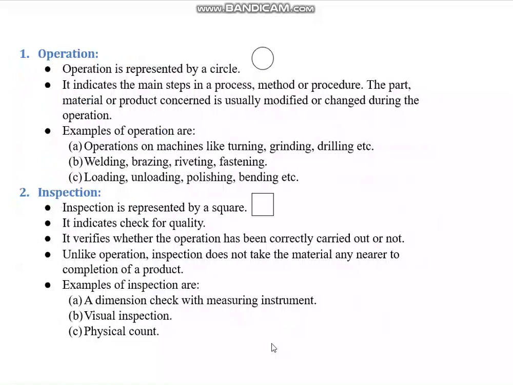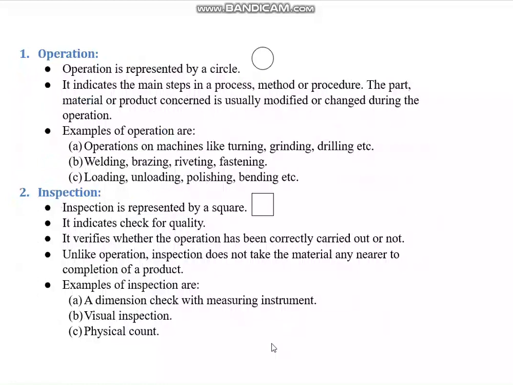You see, when we are saying what can be classified as operation and what is not, if some modification is taking place, suppose you are taking raw material and turning it, the dimension is getting modified. Or you're doing some welding on it, so some material is being added there.